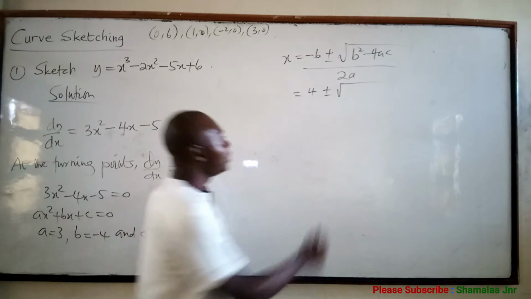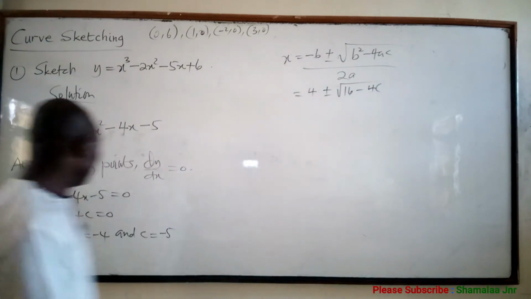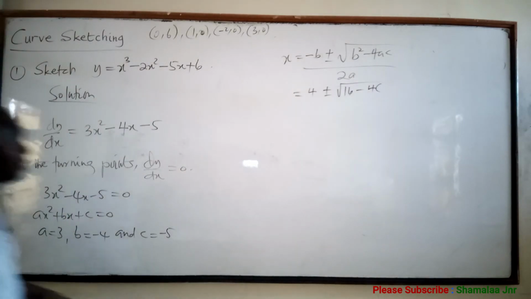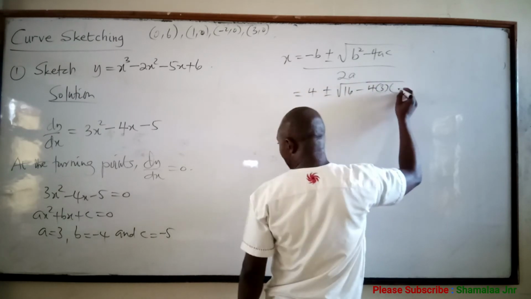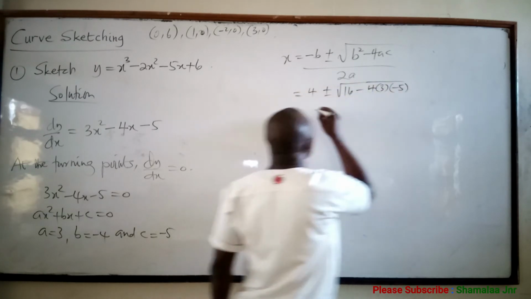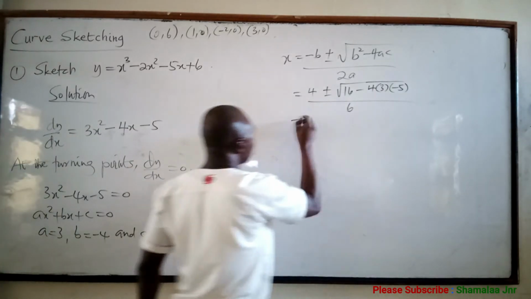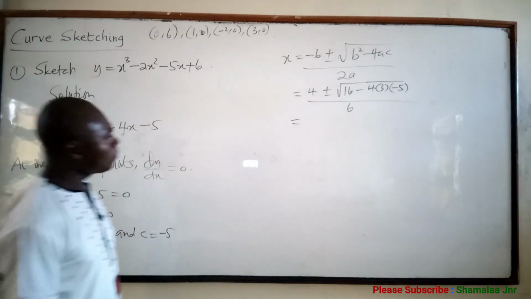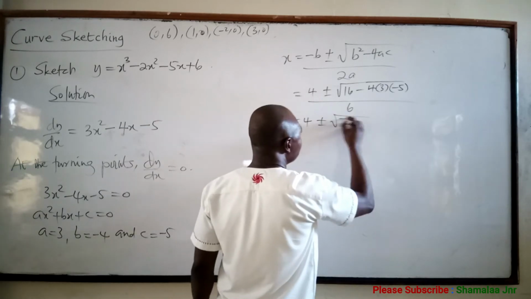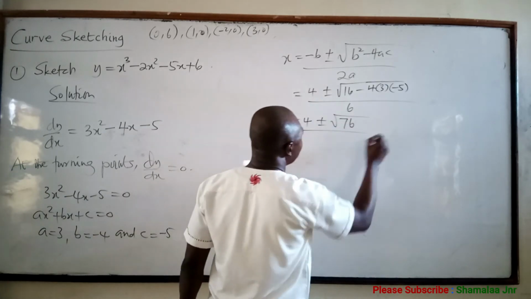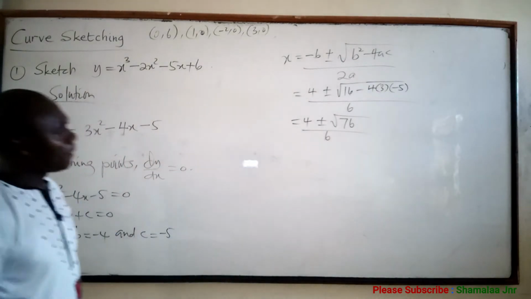Because b is negative 4, when you square it, you're going to get 16, minus 4 times a, which is 3, and c is negative 5, all over 2a. a is 3, so this will make this 6. So we have 4 plus or minus the square root of 76 all over 6.